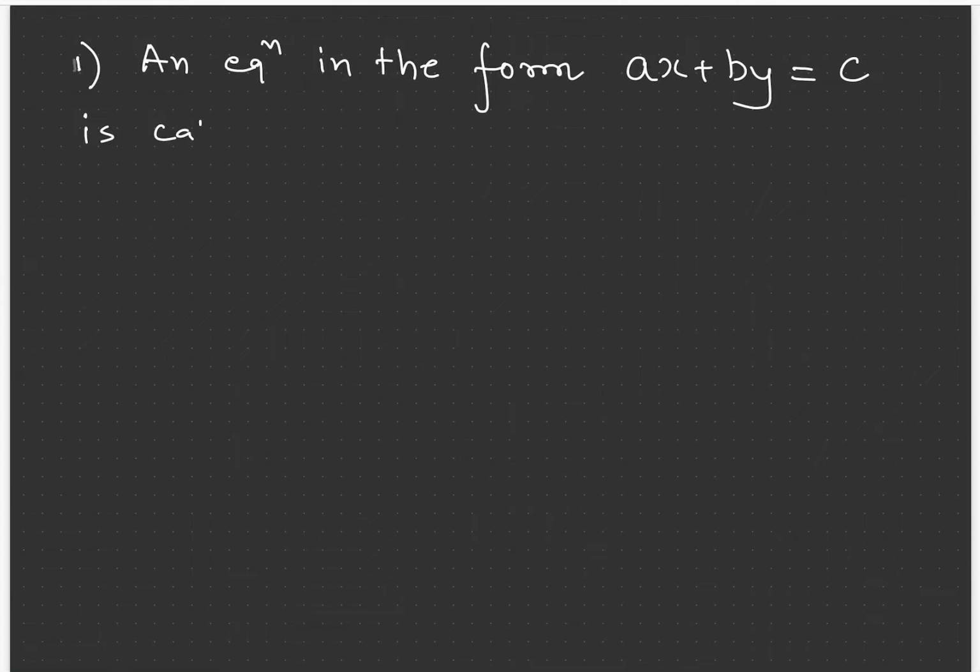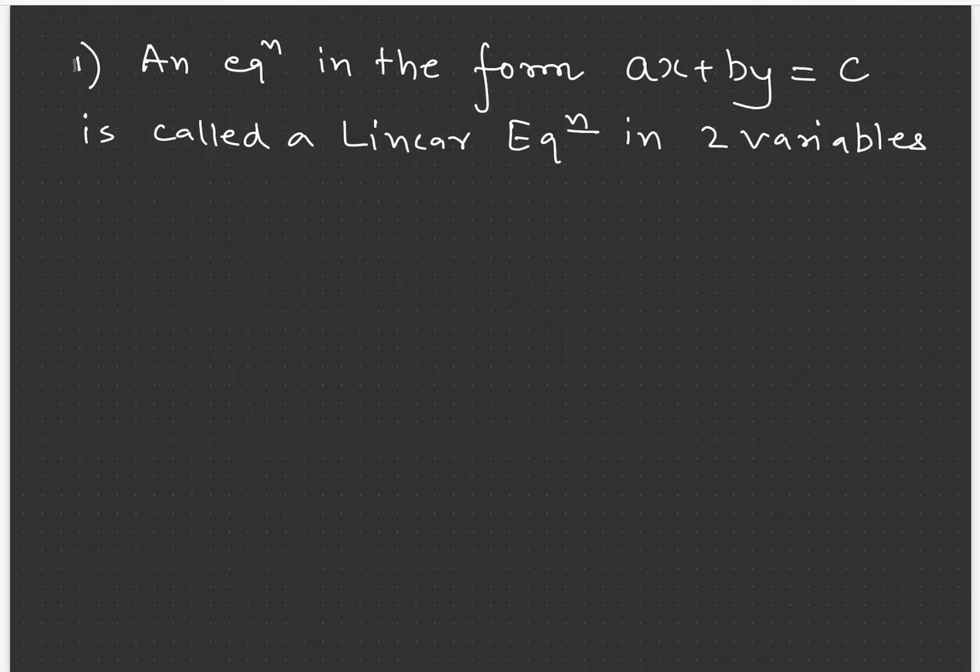So an equation in the form ax plus by equal to c is called a linear equation in two variables. I said linear equation in two variables.